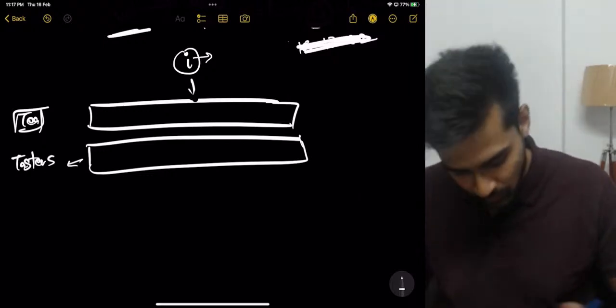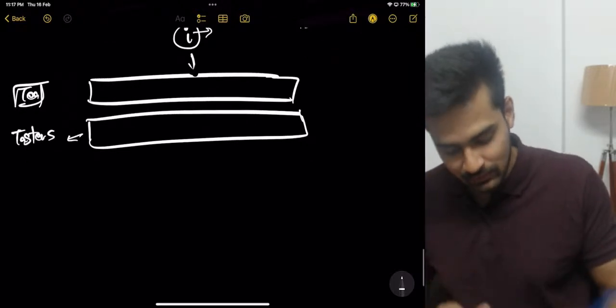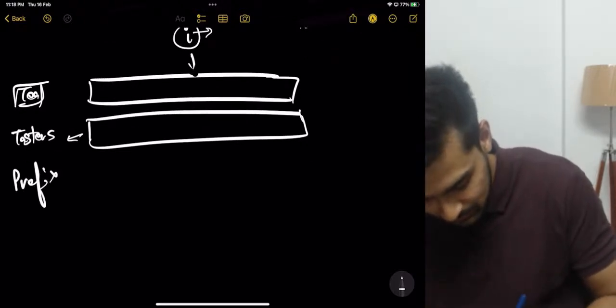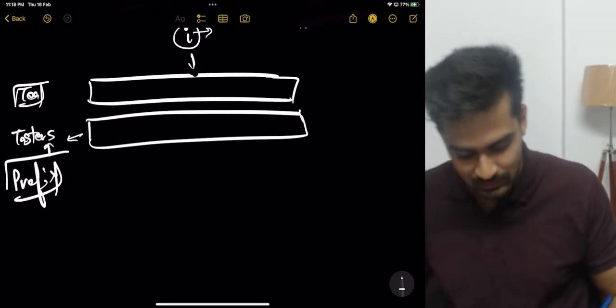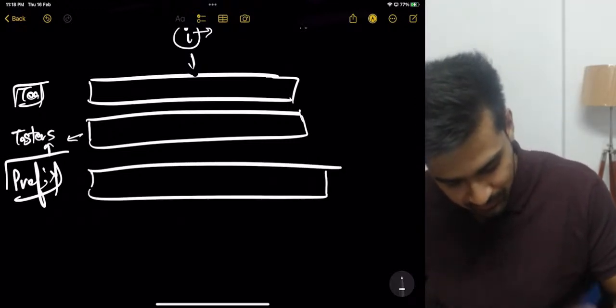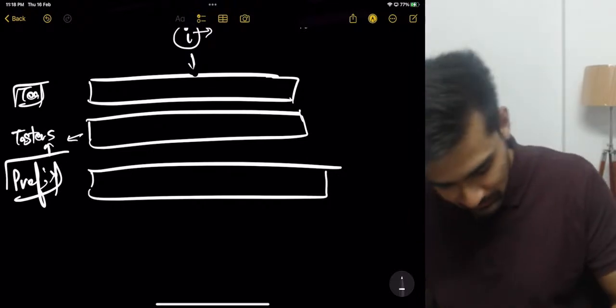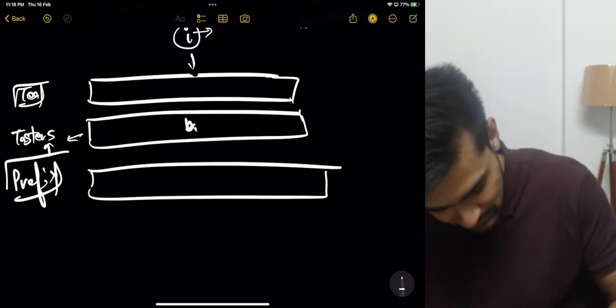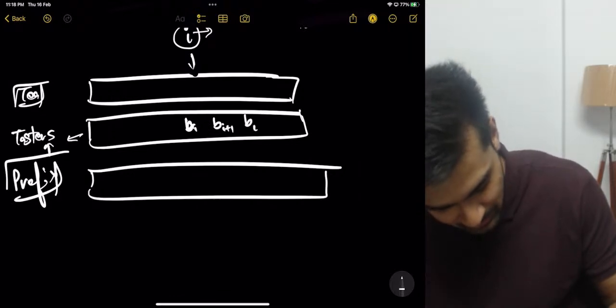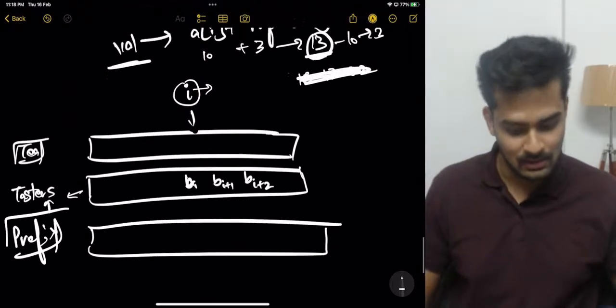Now, before that we are finding a prefix array of all these tasters. Ideally, let's say this is A I, B I, this is B I plus 1, B I plus 2, and so on.